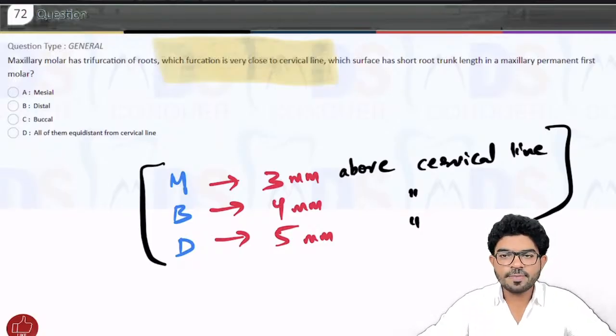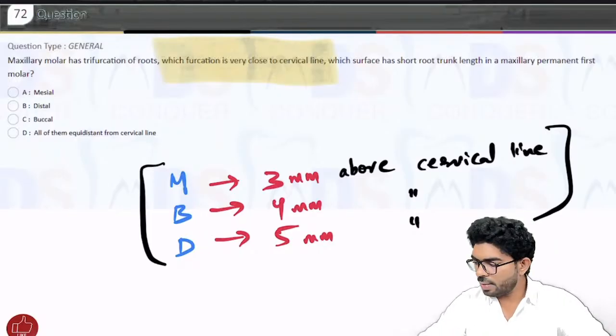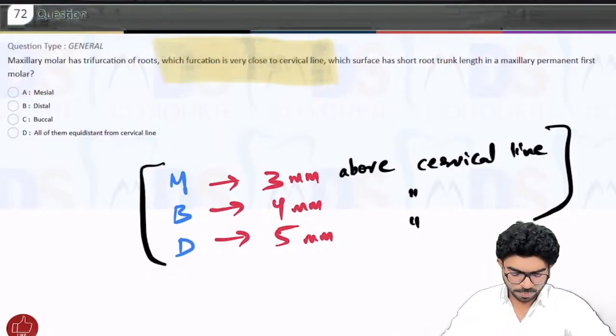And on the distal side, it is 5 millimeters above the cervical line. So this is what I told you to remember in my class: MBD, mesial, buccal and distal, so 3, 4, 5. The closest is going to be the mesial side furcation. Very nice, so we are done with question number 72.